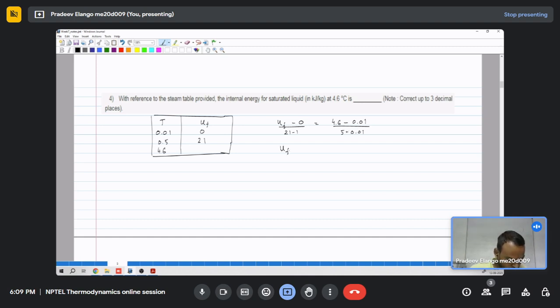So Uf is equal to 4.59 divided by 4.99 into 21. Can you calculate this? So it is 19.31.